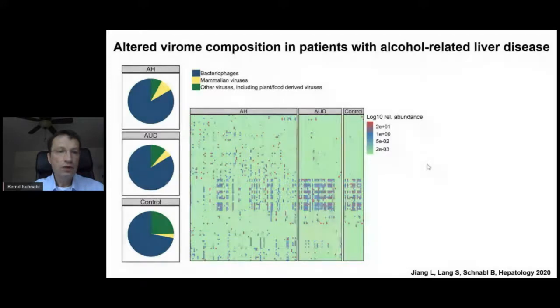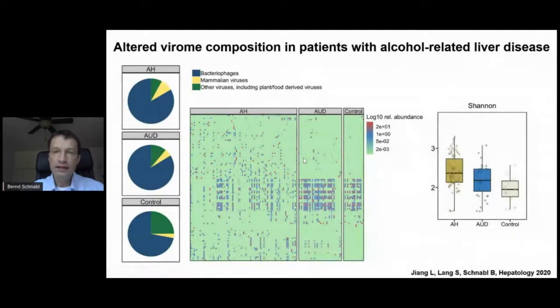And what we did is we extracted viral particles from the feces from patients with alcoholic hepatitis, alcohol use disorder, and controls. By this heat map, you can very nicely appreciate that the virome in alcoholic hepatitis patients is very much different from the alcohol use disorder and control patients.